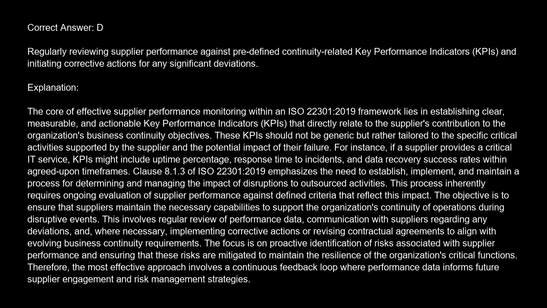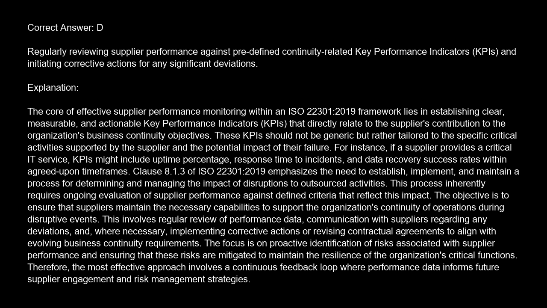Clause 8.1.3 of ISO 22301-2019 emphasizes the need to establish, implement, and maintain a process for determining and managing the impact of disruptions to outsourced activities. This process inherently requires ongoing evaluation of supplier performance against defined criteria that reflect this impact.